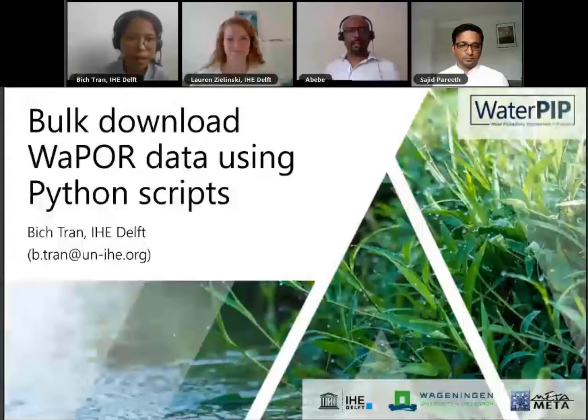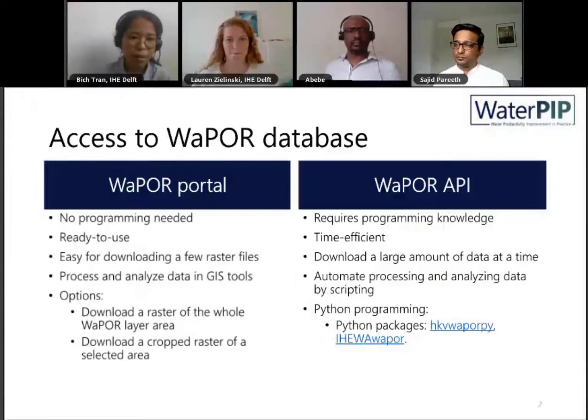So as you can see from the presentation by Sajid and also from the demonstration using the WaPOR portal, there's no programming needed and it's very ready to use. The portal has very nice visualization.